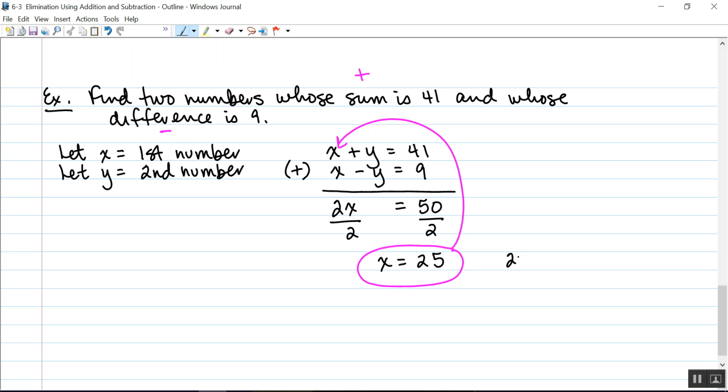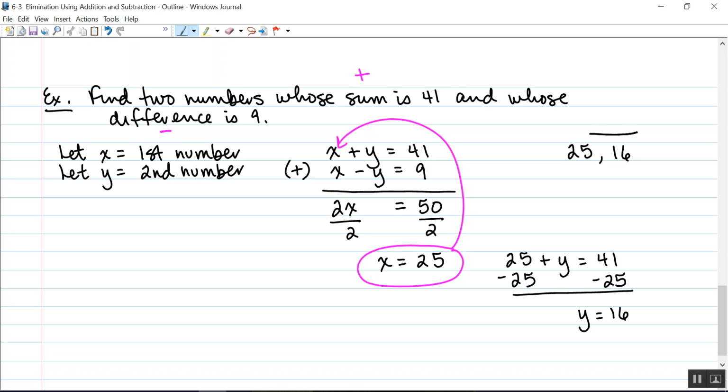That gives me 25 plus y equals 41, and subtracting 25 from each side, I get that y equals 16. Okay, so your two numbers are 25 and 16.